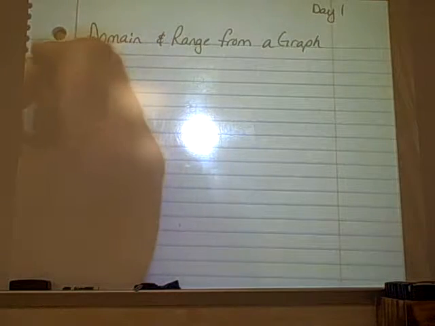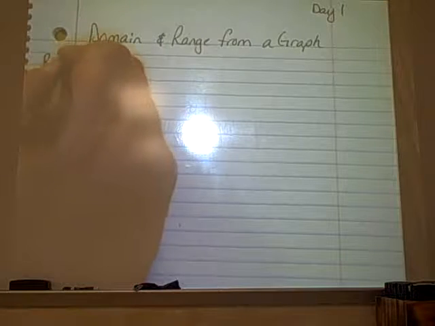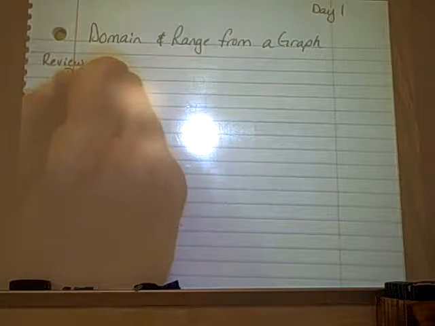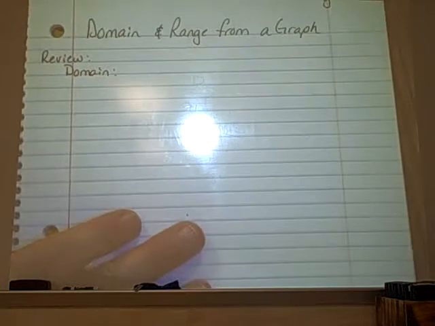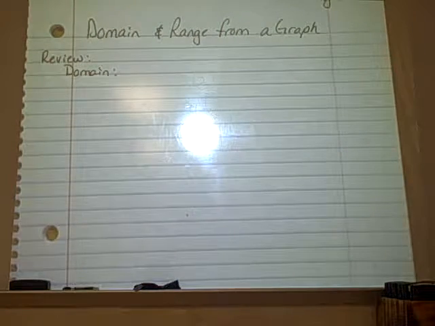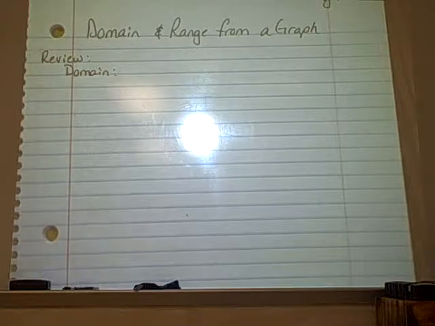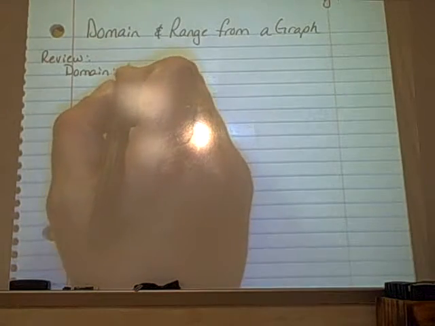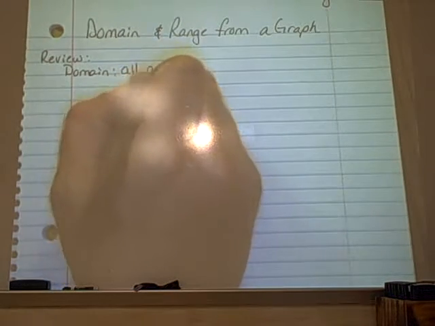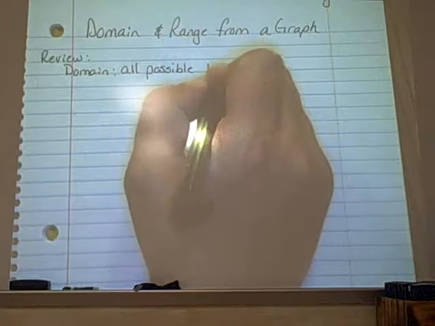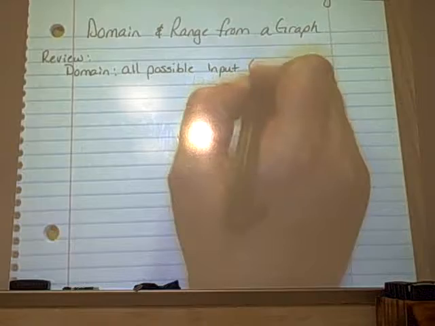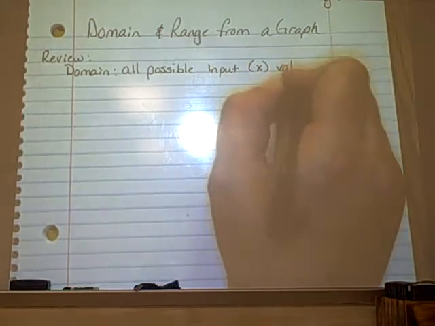Let's go ahead and review what domain and range are. So for review, domain. Which variable does domain go with? Domain is all the x's, correct. So domain is all possible input or x values.